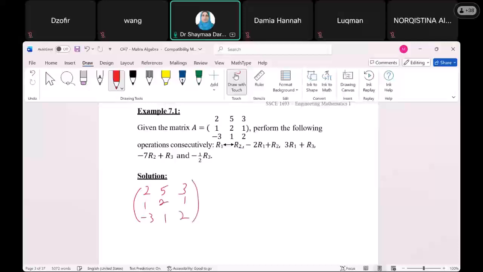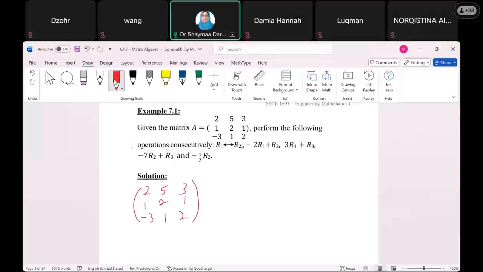First, I need to interchange row 1 with row 2. So row 2 will be the first row, and the first row will be the second row.